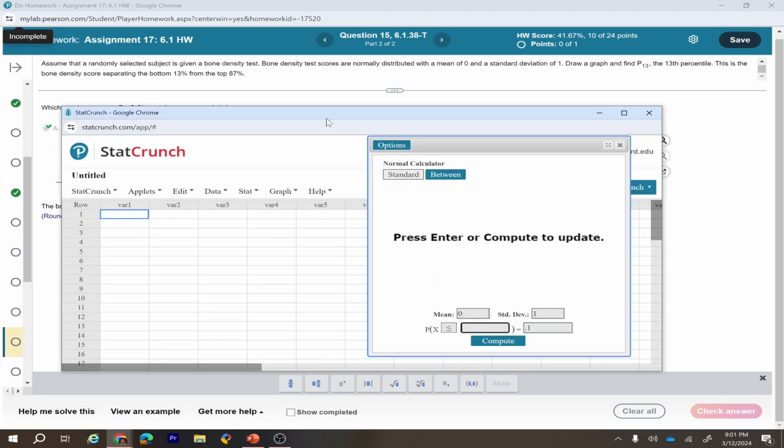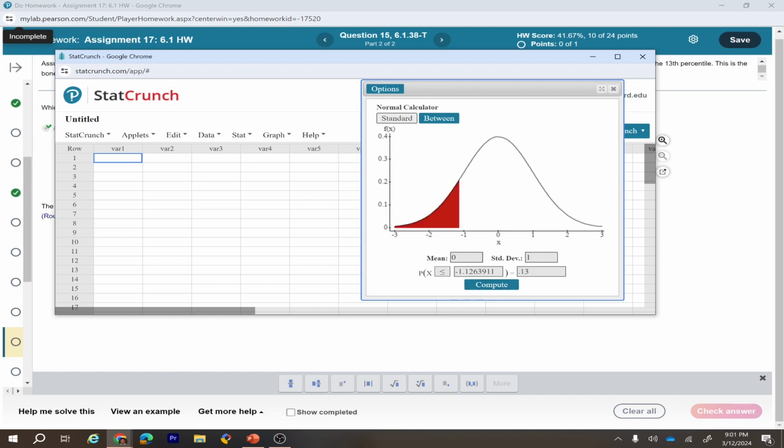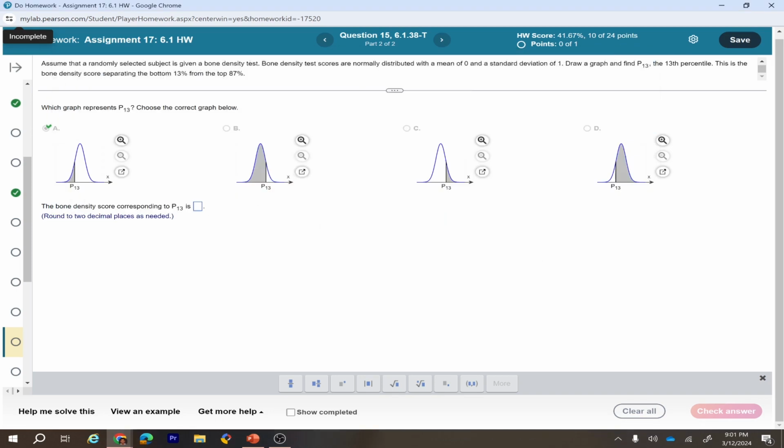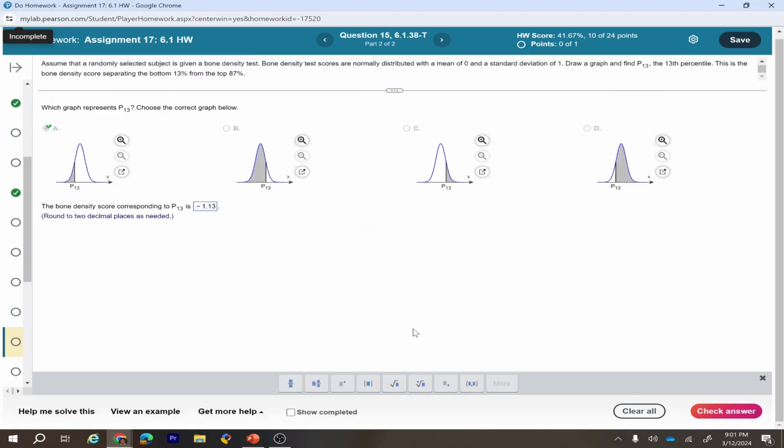Use the normal distribution calculator, and the area to the left side is 0.13. If you hit compute, that gives you negative 1.12, negative 1.13, because if you round it to 2 decimal places, it's 1.13.